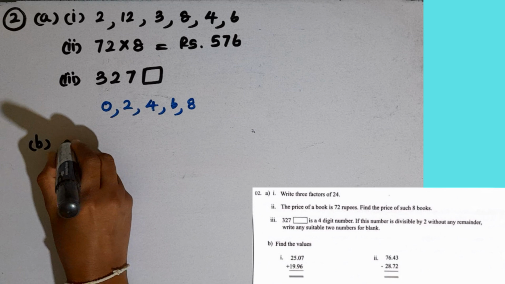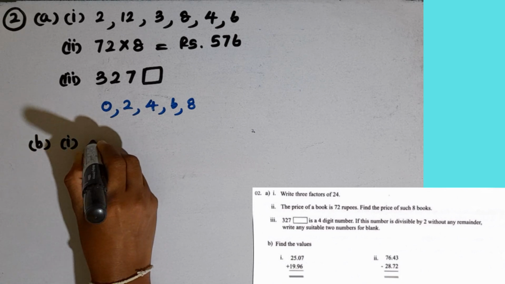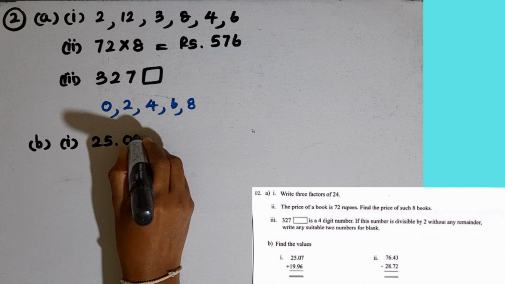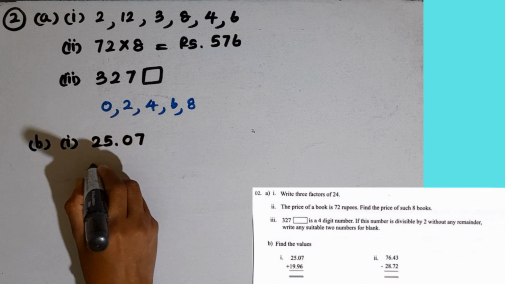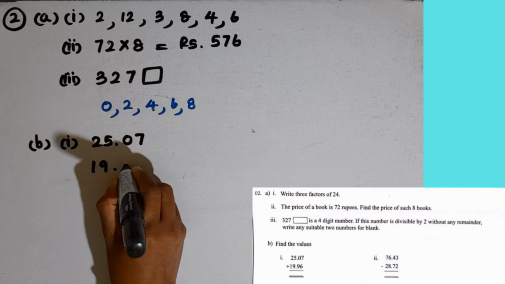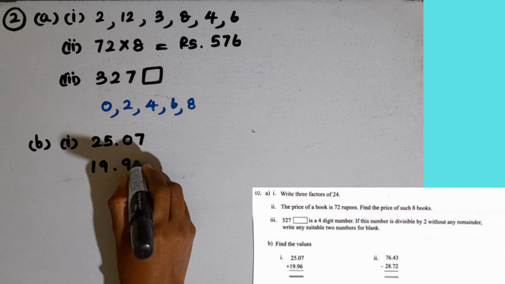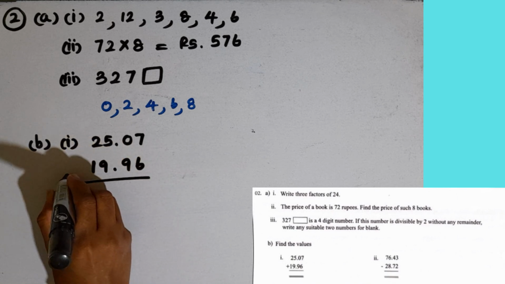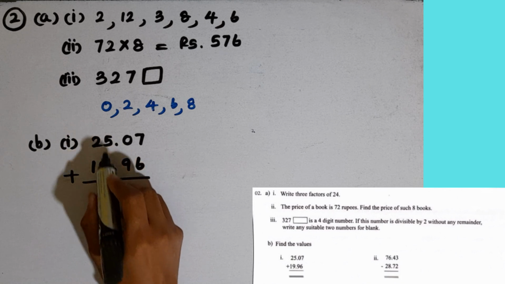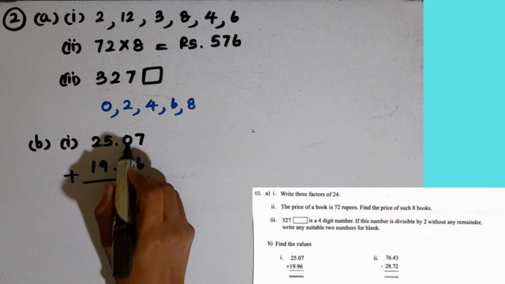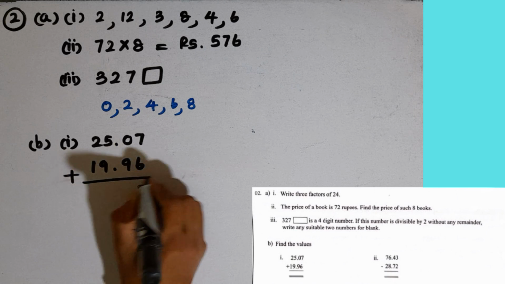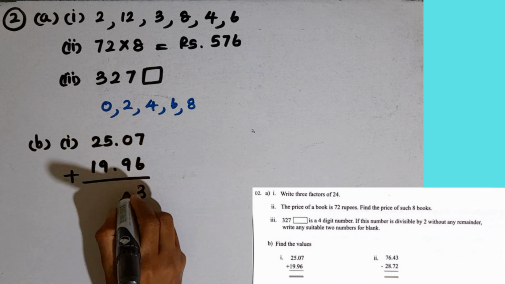Then B part, find the values. First one, we are given 2 decimal numbers addition. 25.07, then 19.96. When adding or subtracting decimal numbers, we have to write the decimal places one below the other. 7 plus 6 is 13. 1 goes to the other side. 9 plus 1, 10.